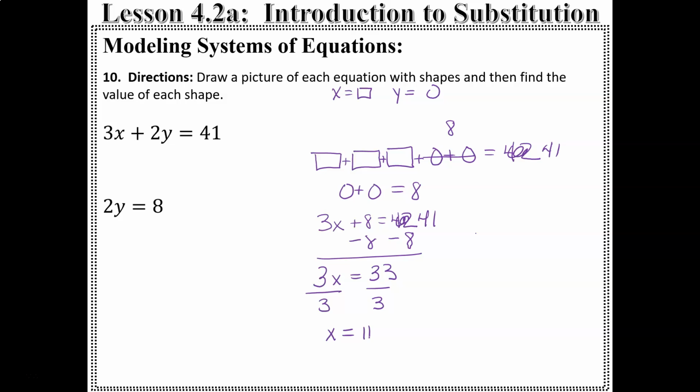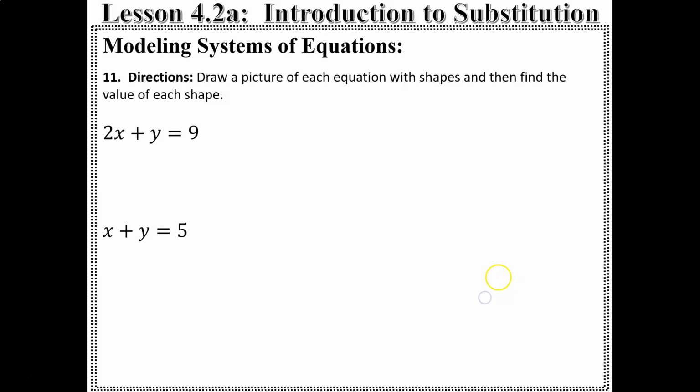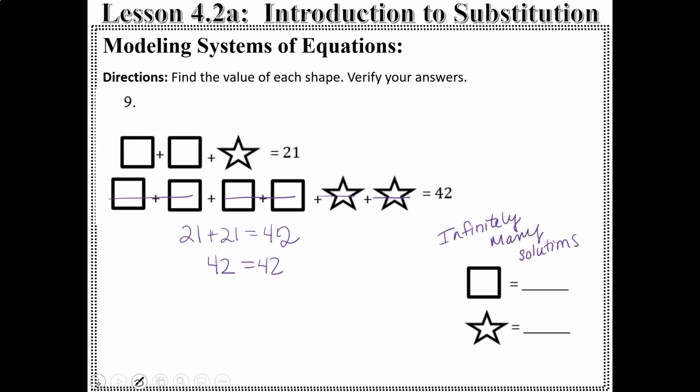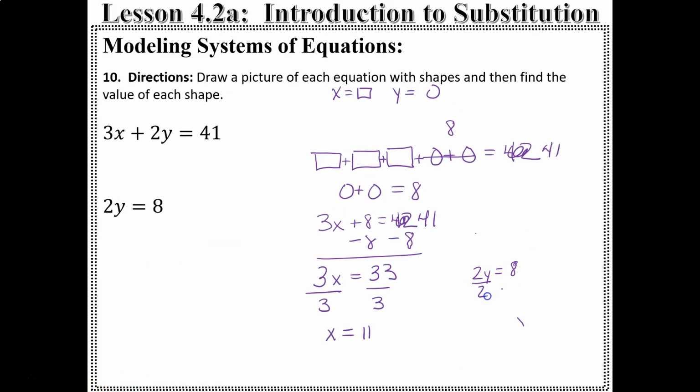So now, we know that 2 y's equal 8. So if we divide by 2, y is 4. So my point is 11, 4.